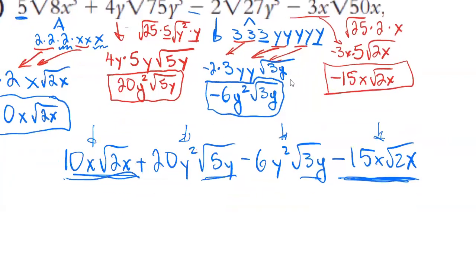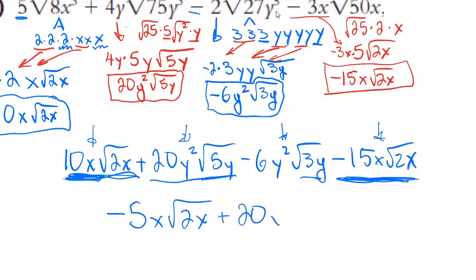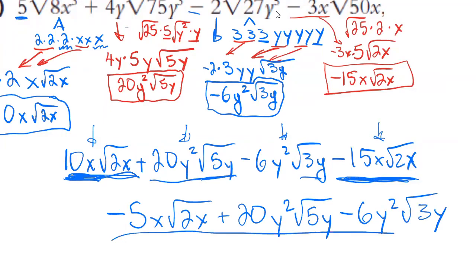Okay, so I go 10x minus 15x is minus 5x square root 2x. And then my other terms. Plus 20y squared square root 5y minus 6y squared square root 3y. And you'd be done.